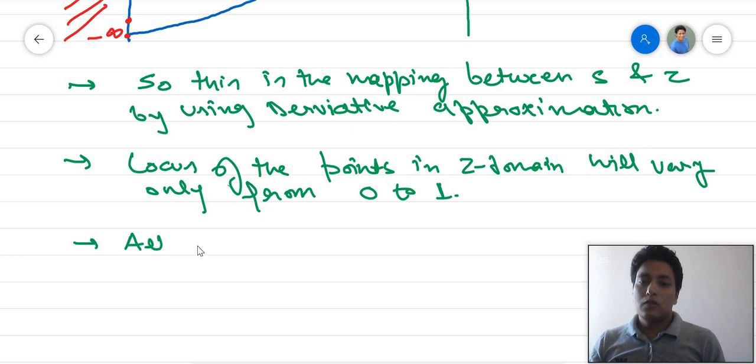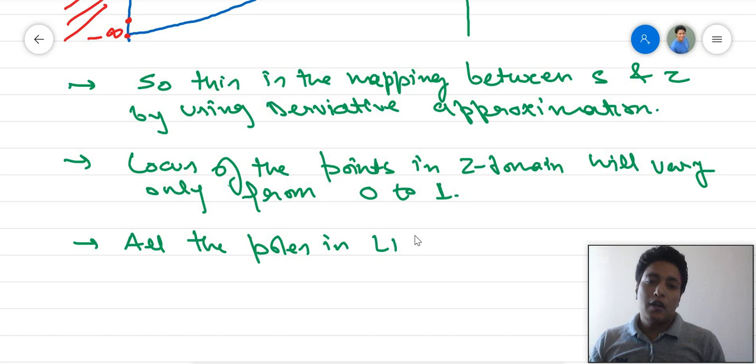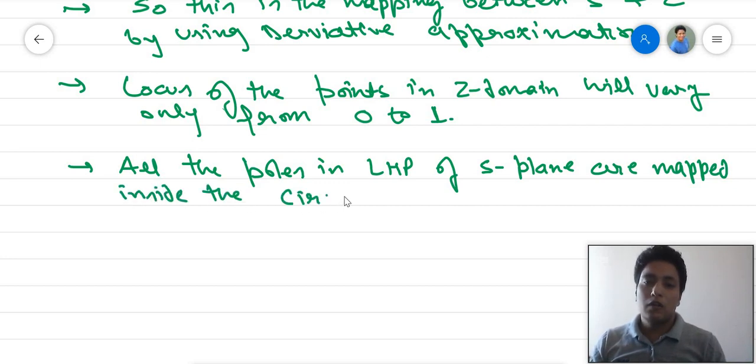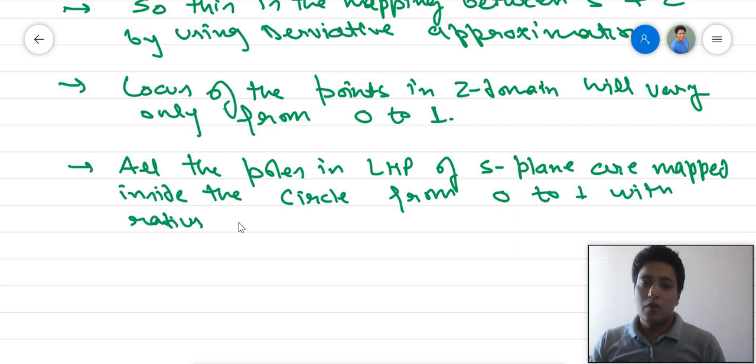All the poles in the left hand plane of the S plane are mapped inside the circle from 0 to 1 with radius 1 by 2.